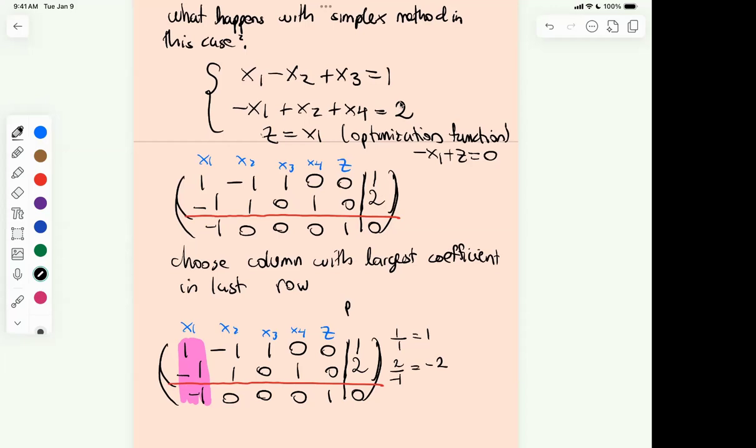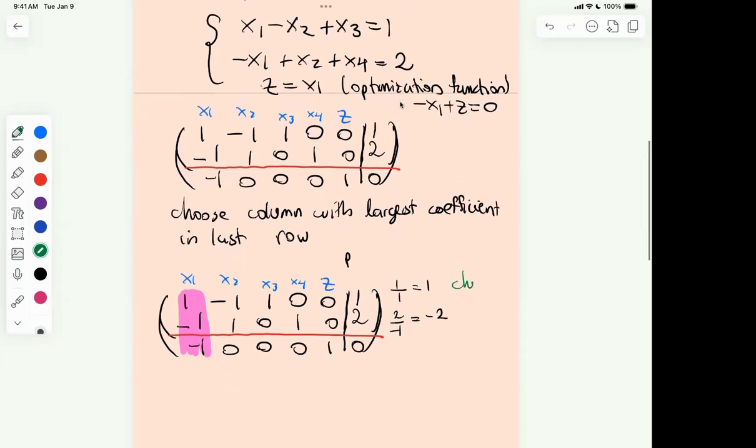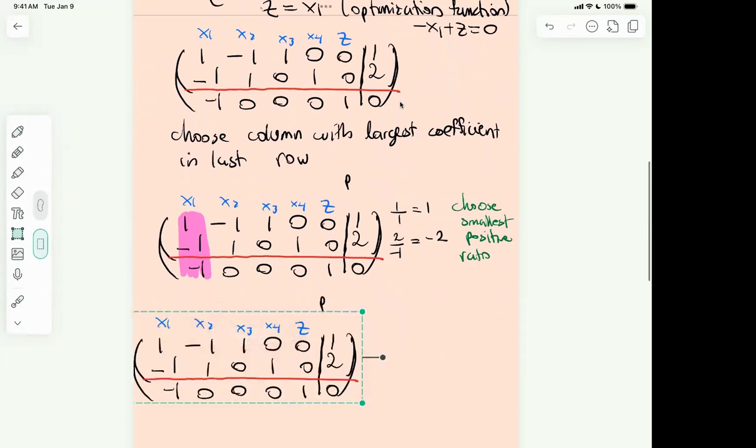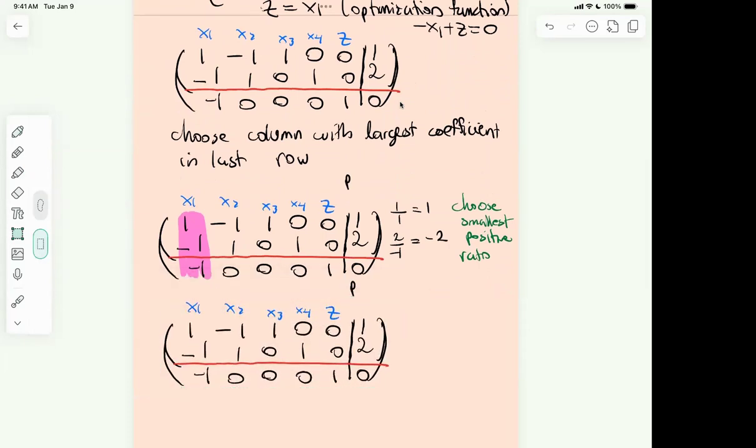And the idea is to choose, of these two ratios, the smallest positive ratio, right? So the clear winner in this case, there was only one, it is that one. Okay.